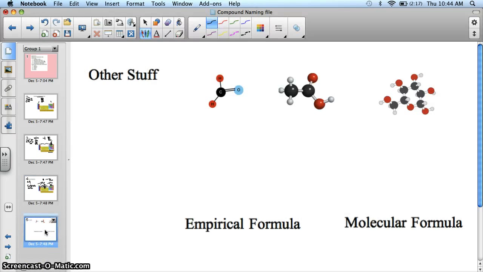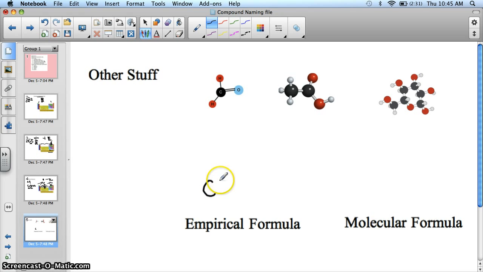It is possible for several compounds to have the same formula. Here the formula for all these are the same. The empirical formula is, remember, the lowest form.